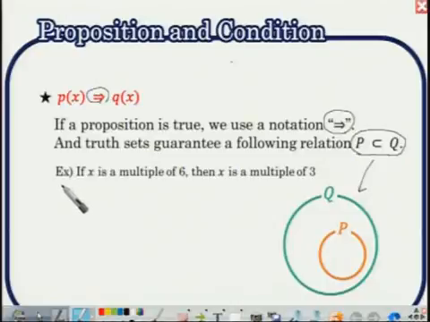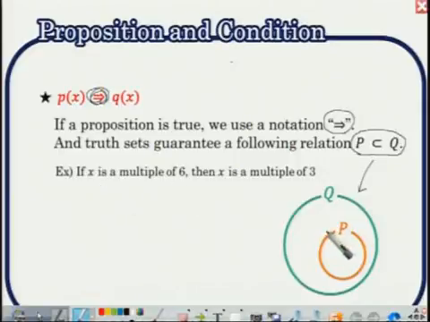Let's look at the example. If x is a multiple of 6, then x is a multiple of 3. Do you think this is right? This actually is right, of course, because it's a double dash arrow.